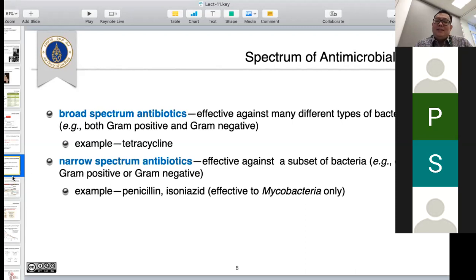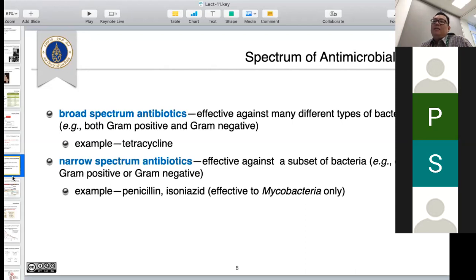But normally when a patient goes to see the doctor, you get infected, go to see the doctor. The doctor needs to observe and diagnose what kind of disease, what type of bacteria infected you. In case the doctor is not so sure, in some cases he probably thinks maybe 3 or 4 possibilities. When the doctor makes a prognosis, he thinks in a broad sense, maybe 3 or 4 possibilities, and all 3 or 4 are gram-negative.